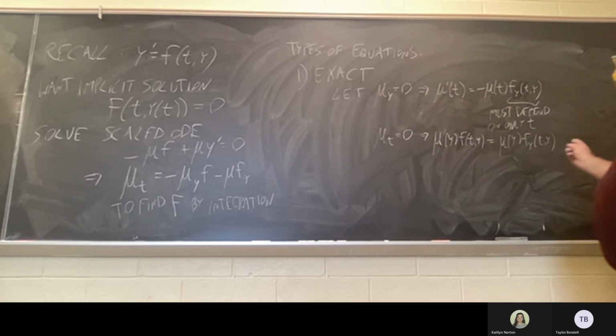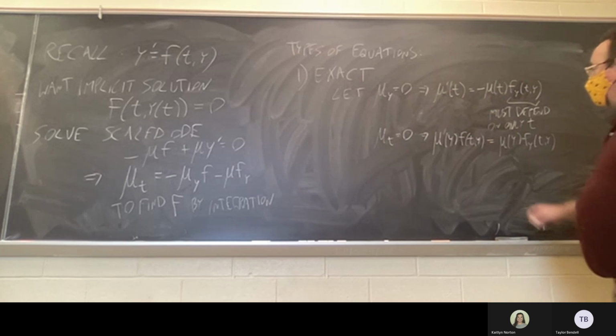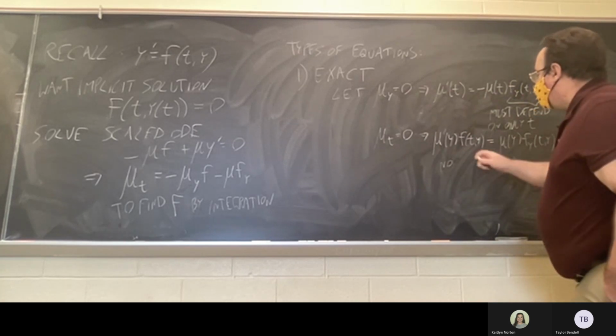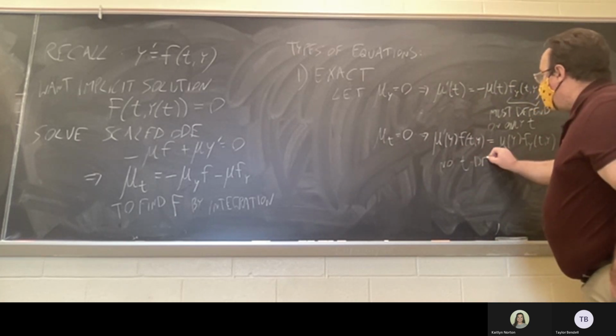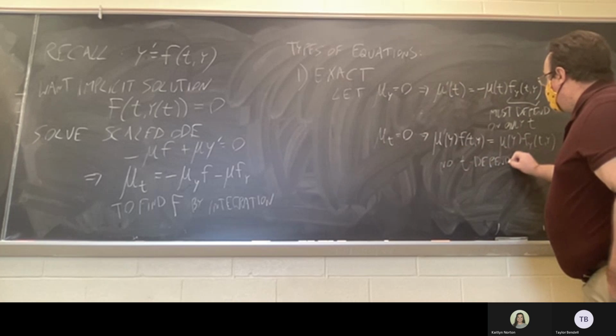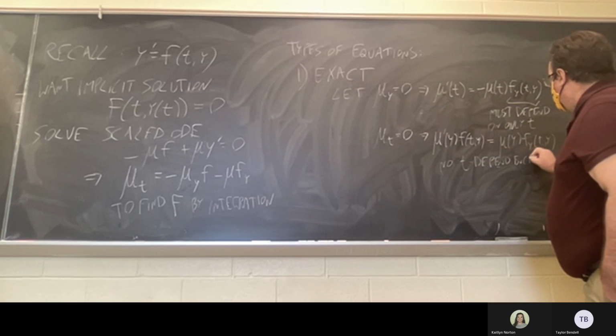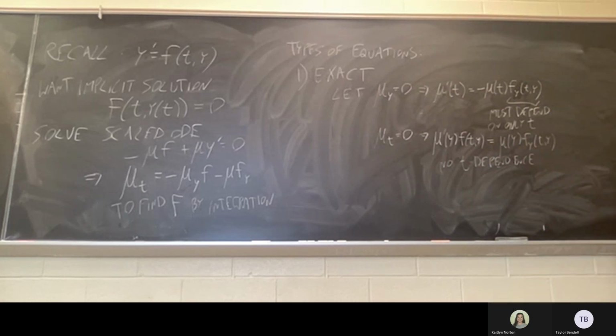So what needs to happen here, since mu is only allowed to depend on y, is that after you simplify as much as you can, you can't have any t dependence. If any dependence on t in this equation cancels out, then you're good to go and you can solve for mu in that situation. And so in those cases, you're able to find the integrating factor.